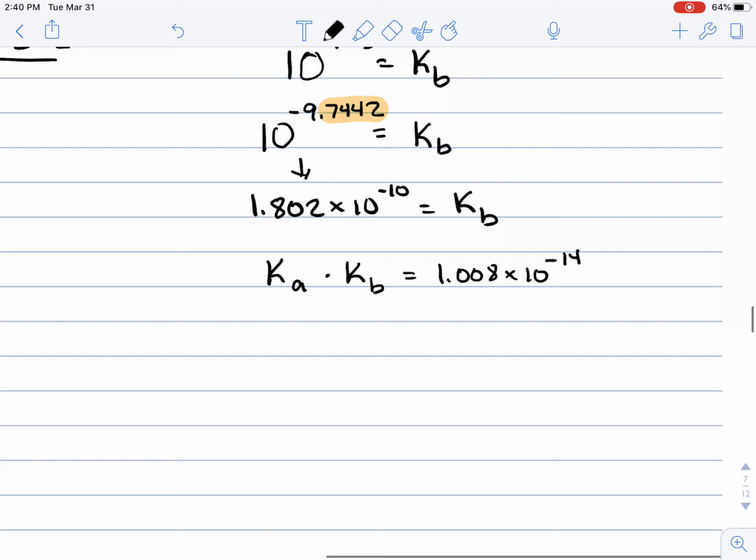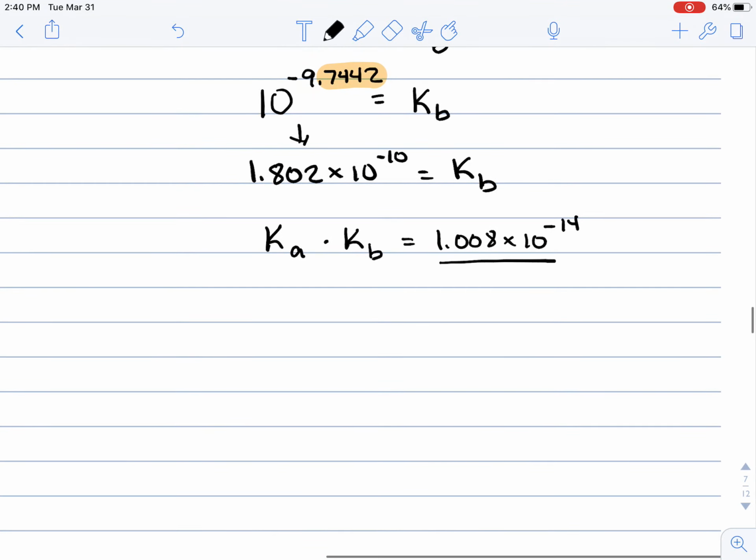If it's happening at a different temperature, then this value needs to change. So the Kw needs to change to whatever the value is for that specific temperature. You can see the different Kw values at different temperatures if you look through your lecture notes.